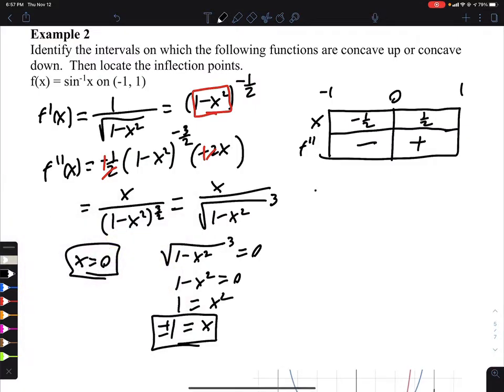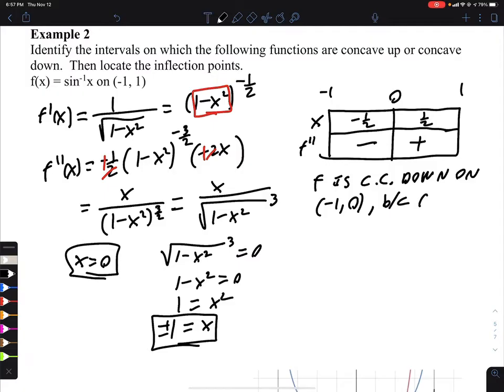We're going to say f is concave down where? Look, it's going to be from here to here because the second derivative is negative, on the interval from negative 1 to 0. Why? Because f double prime is negative on the interval from negative 1 to 0.